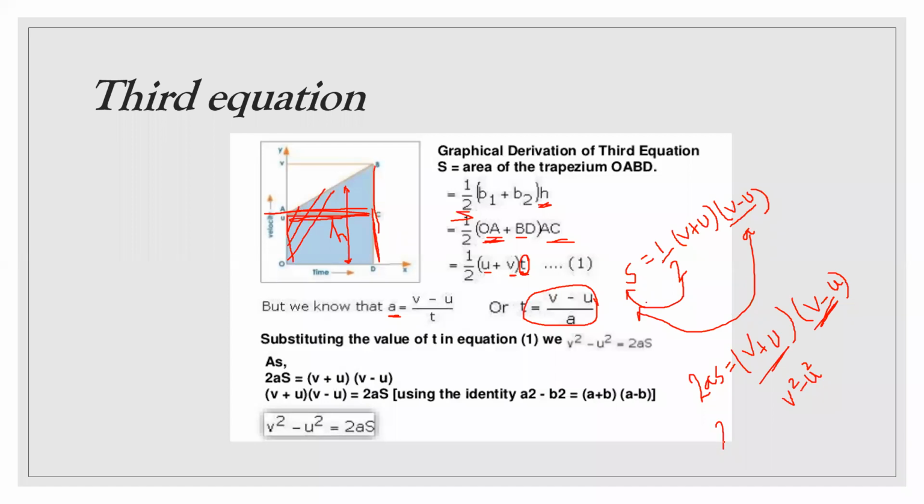So 2as equals v square minus u square. Now I will take this u to this side of the equation. So it will become v square equals u square plus 2as.